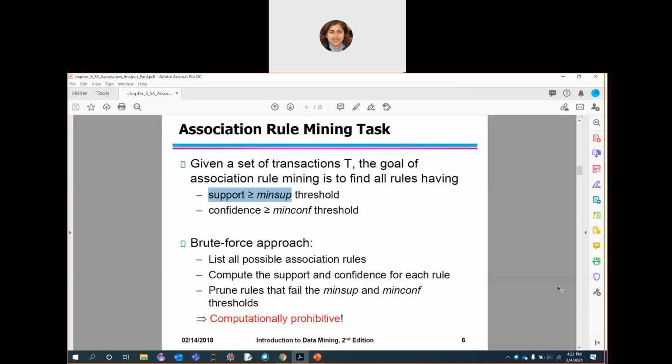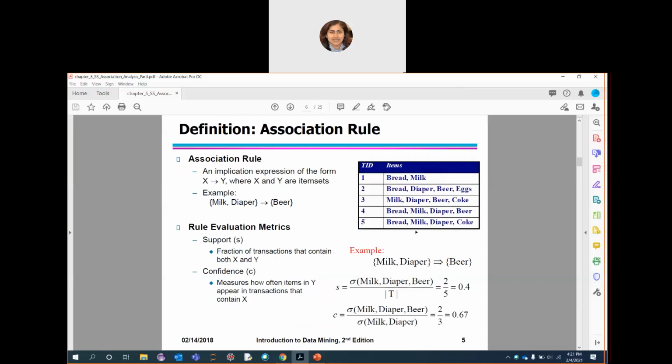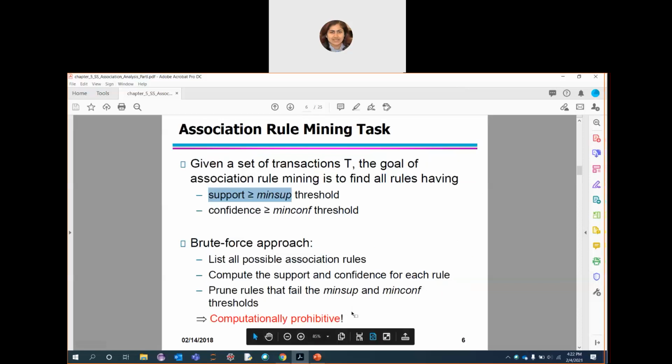In the last example there are only 5 transactions, but let's say you have 1,000, 10,000, or a million transactions. Then determining association rules is computationally prohibitive.